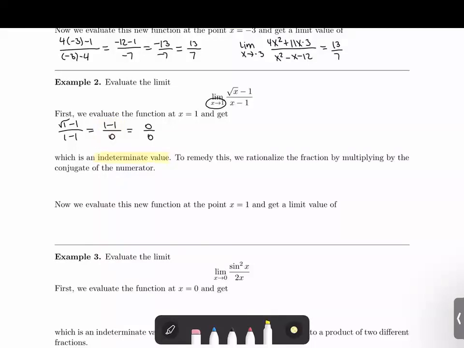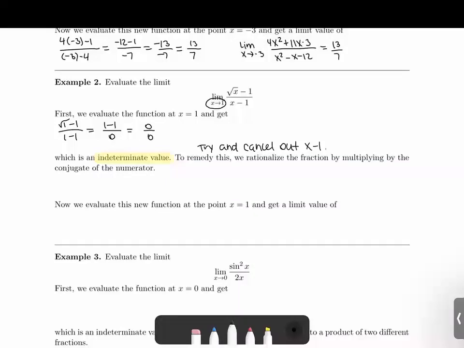And so we are going to, again, try and cancel out x minus our limit point. So we're going to try and cancel out an x minus 1. However, you can see that, well, there's an x minus 1 in my denominator, but I don't see a way to factor, especially with the square root in my numerator, to try and get an x minus 1.